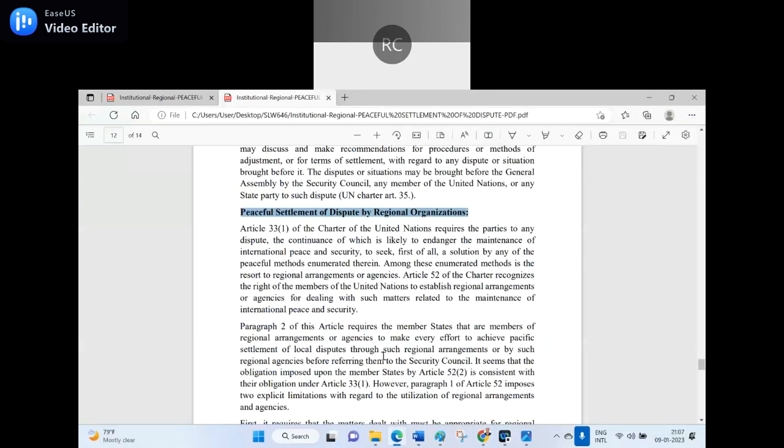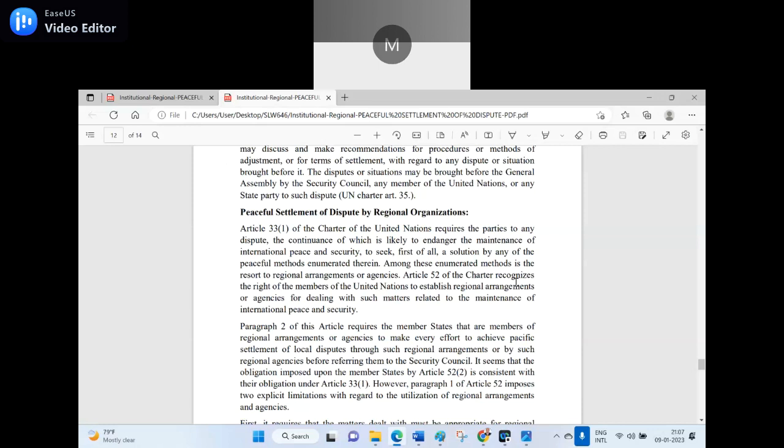Peaceful settlement of disputes by regional organizations. How will the regional organization settle the dispute? The regional organization is nothing but institutional. Do you agree? Yes, Prof. It's an institution. It is not a judicial adjudication.